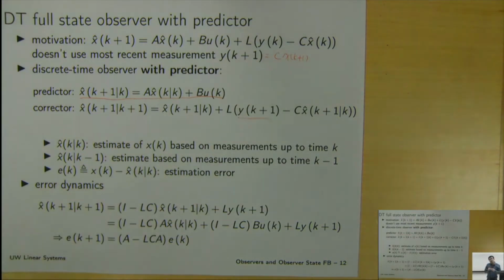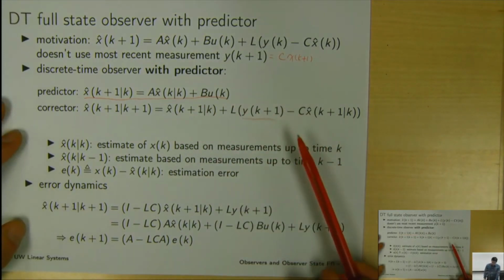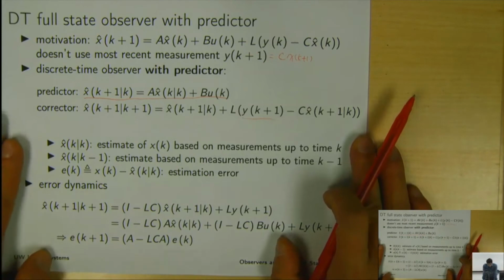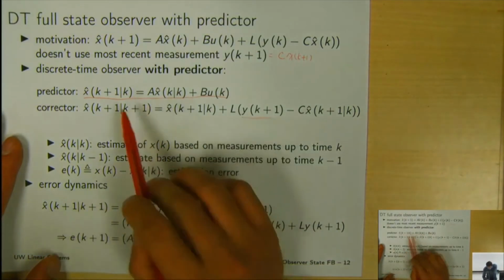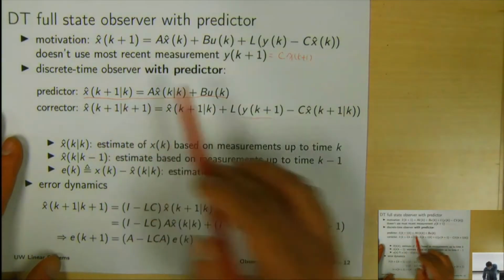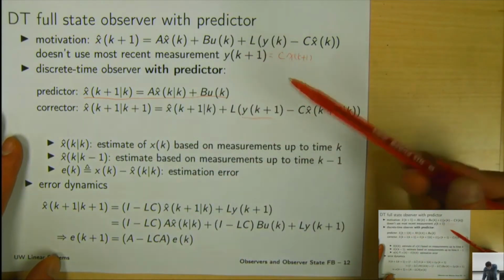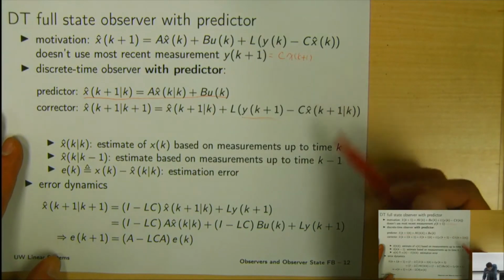This looks all intuitive and reasonable. Let's take a look at how the error would converge. The error dynamics can be analyzed similarly as before.